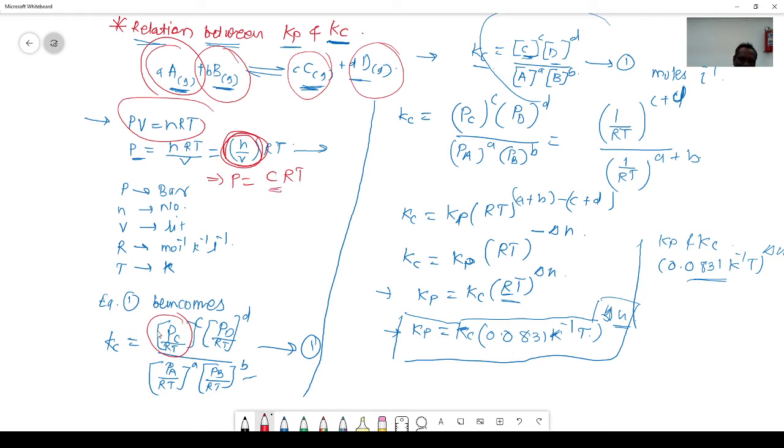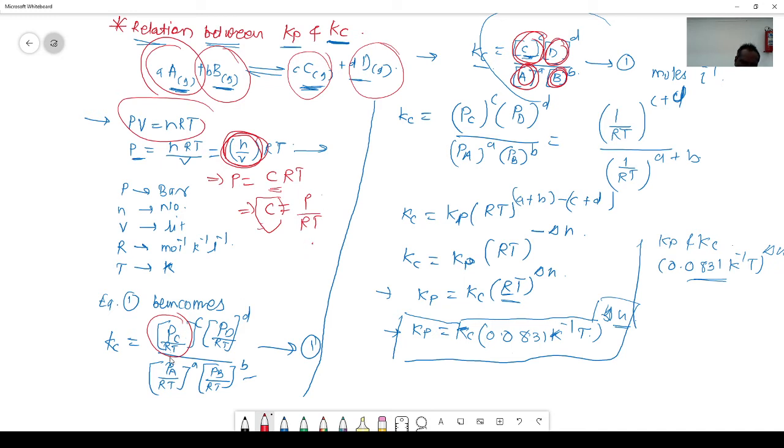This concentration term can be written in terms of the partial pressure. Therefore, concentration C is equal to what? P divided by RT, right? This C, the concentration in this equation, whether C concentration, D concentration, A concentration or B concentration, we have replaced by P divided by RT in this equation.